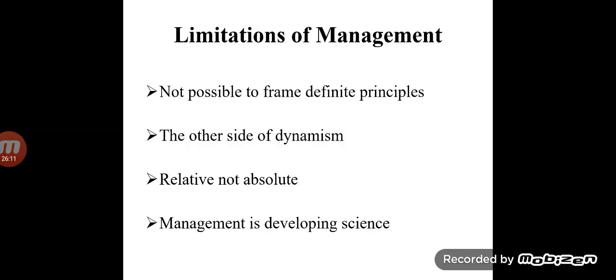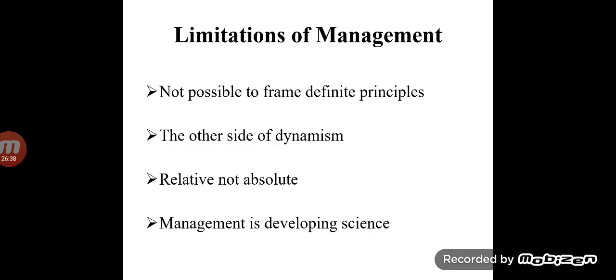It is not universal every time. We have learned why it is not universal. Through management it is not possible to frame definite principles, or whatever rules and regulations we have decided will not be implemented for a longer period of time. It is not possible because it is a dynamic process.